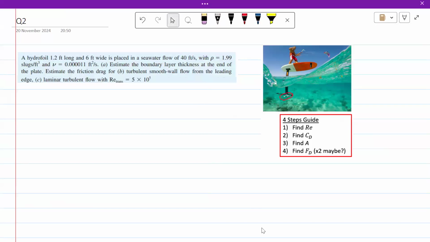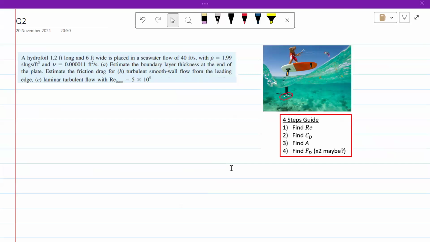The idea is that they work similar to airfoils in the sky, the wings of an airplane. They give you a lift. But in this case, you can just treat it the same as an airfoil, which for the scope of this course, we can simplify into a plate, making the problem even easier.